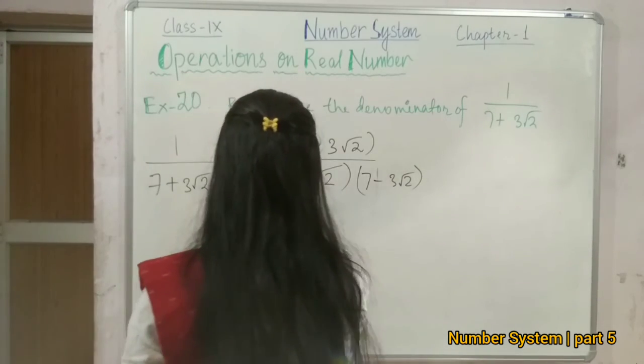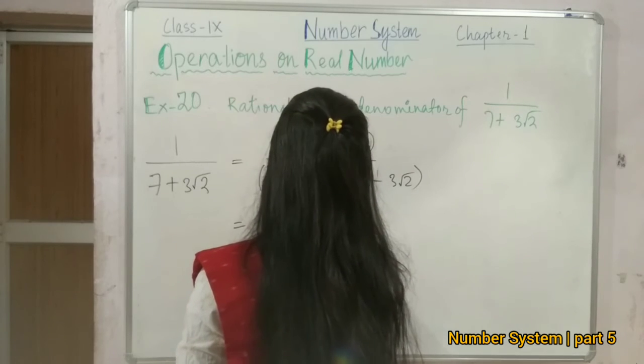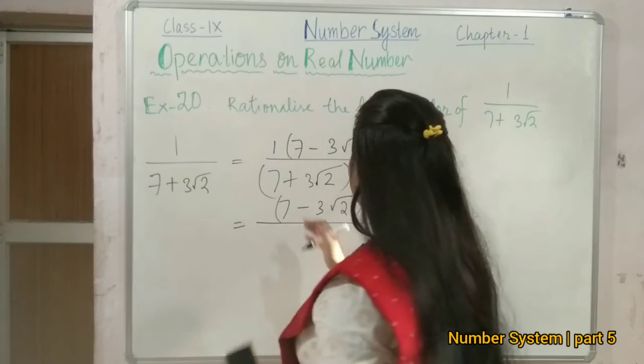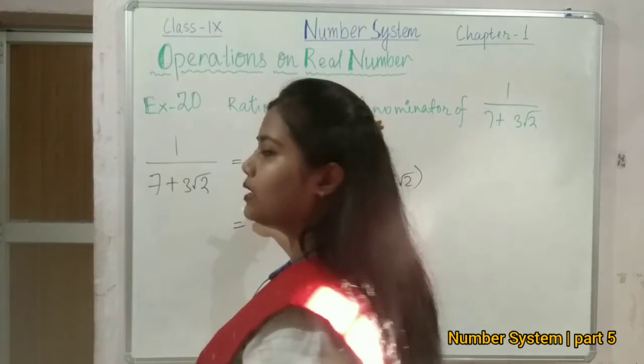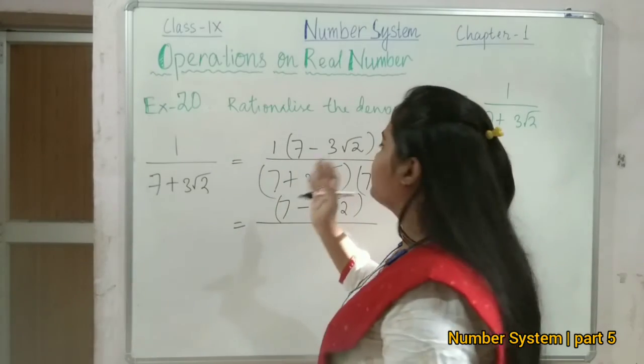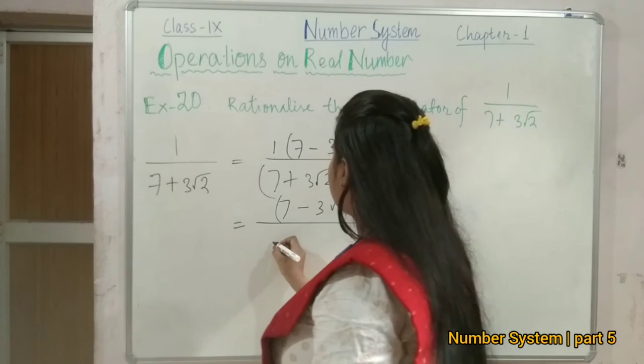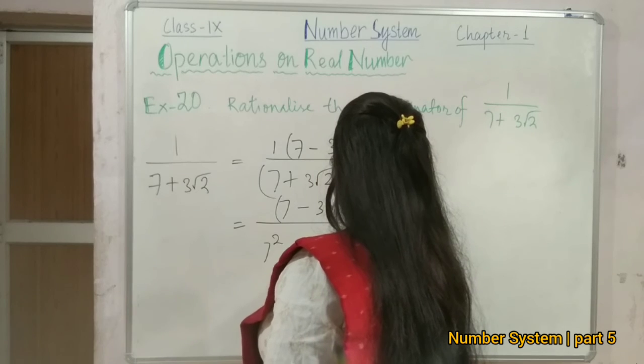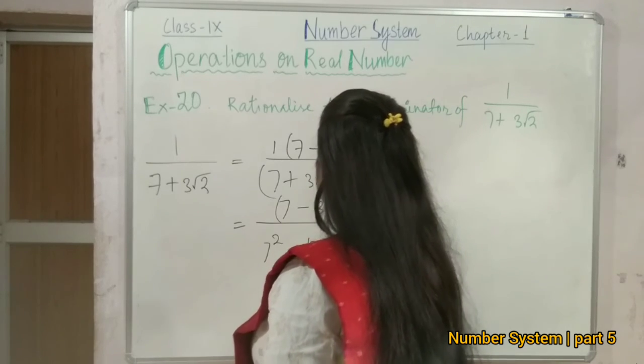So I am writing the next step. If we multiply 1, then it will remain the same, and it will be considered as a plus b and a minus b, and the solution is a square minus b square. So it is 7 square minus 3 root 2 and its square.